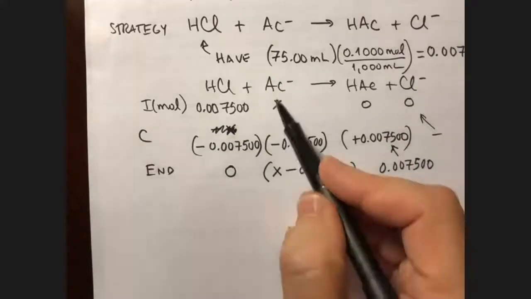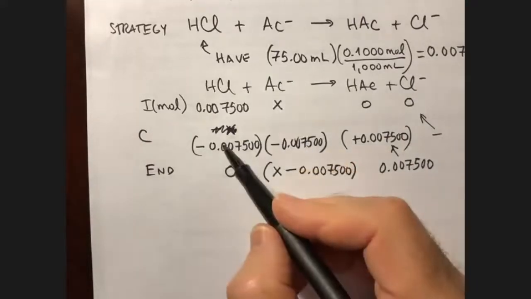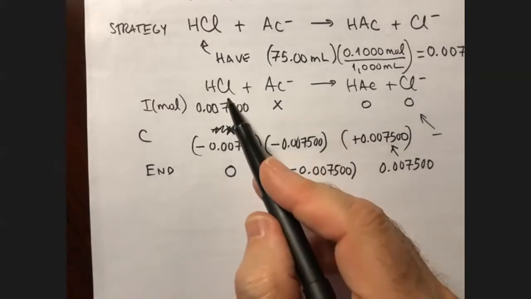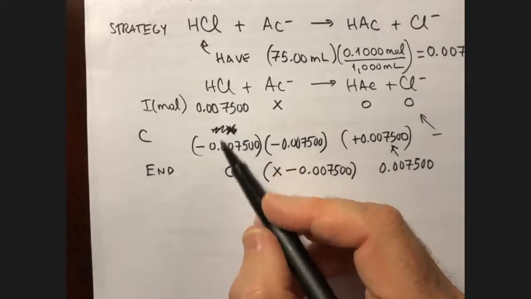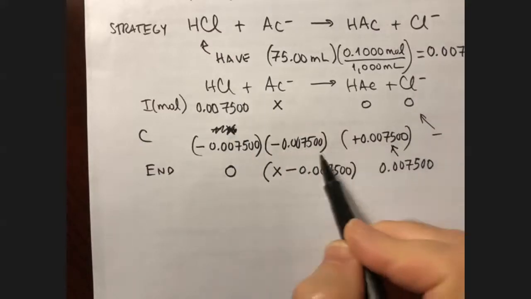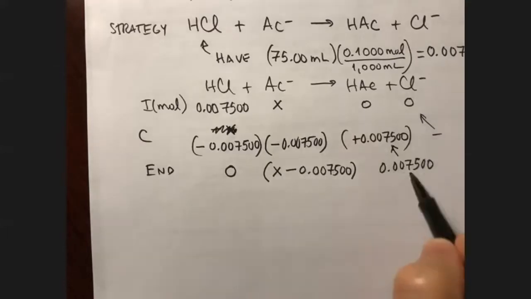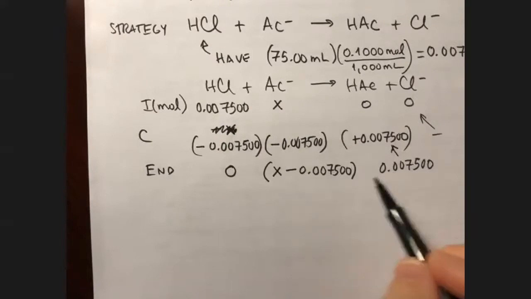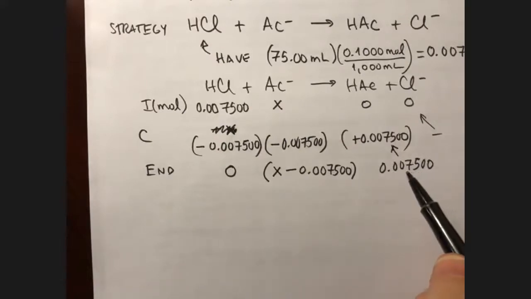We're assuming that the amount of acetate we're going to add is not going to change the volume that much. All you're doing basically is neutralizing all of the HCl in there to the point where you have enough leftover acetate and enough acetic acid to basically generate the ratio that you want.